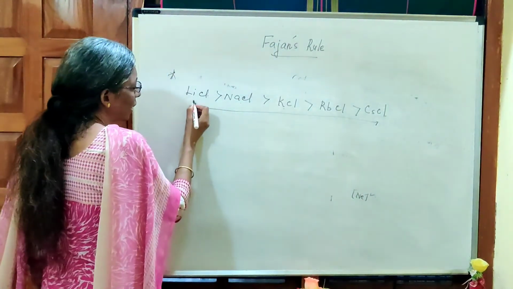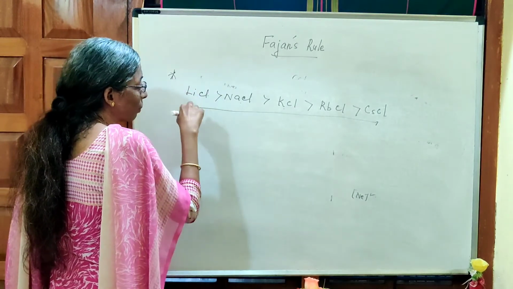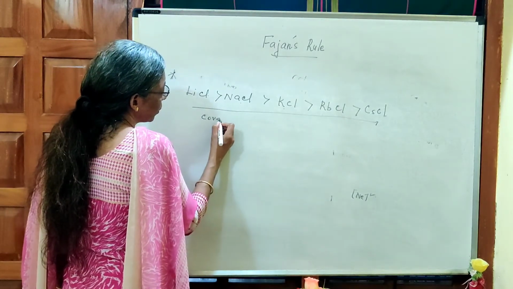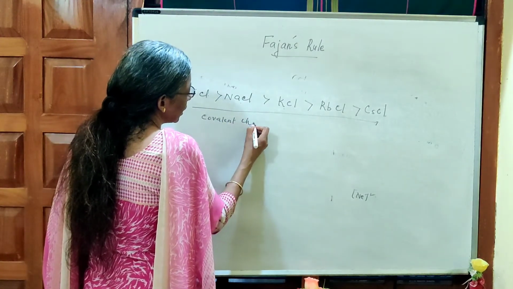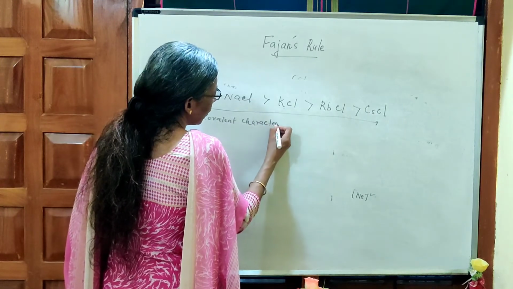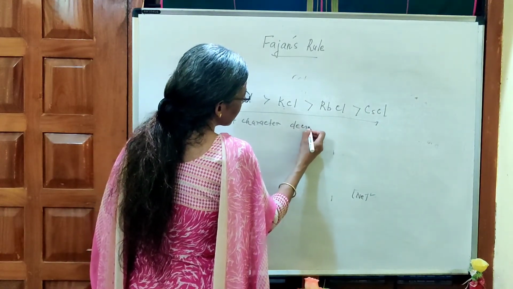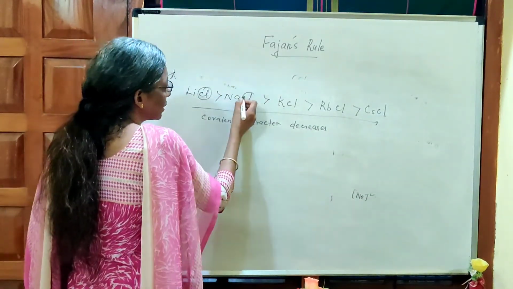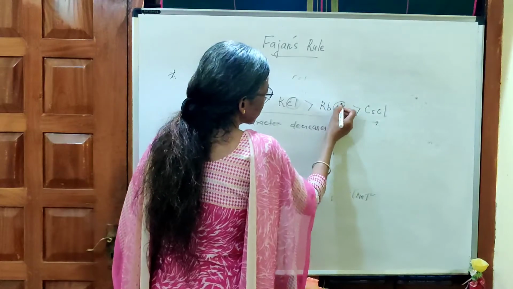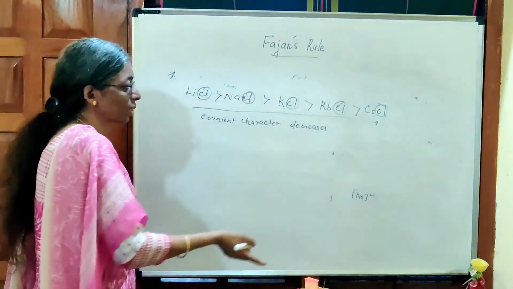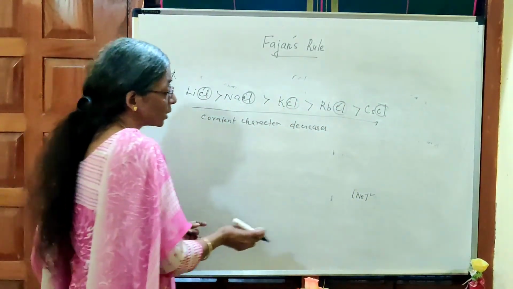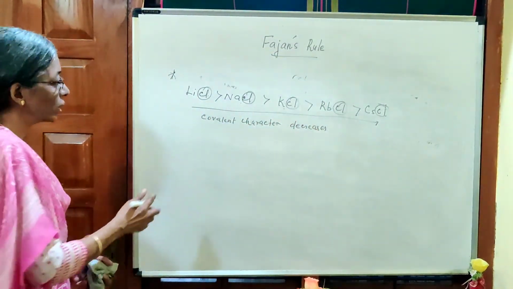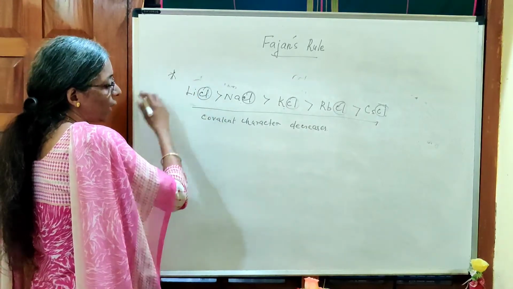This one we have studied: smaller the cation, more will be the polarizing power. So covalent character decreases. Here you see chlorine is common. So the size of the cation increases. Actually, the smaller the size of the cation, the more the covalent character. So lithium chloride will have the highest covalent character.